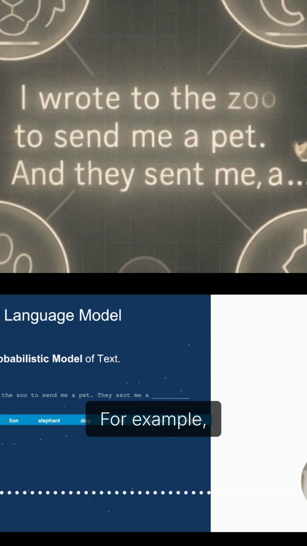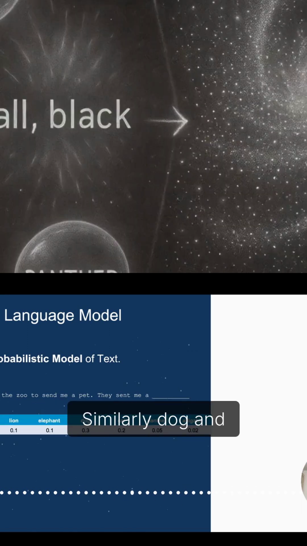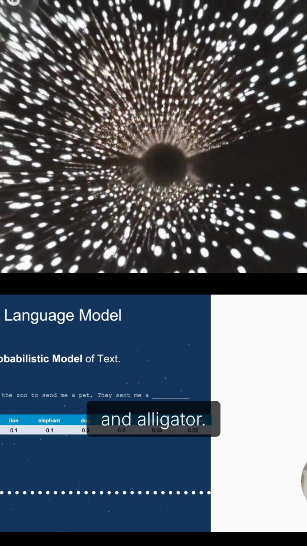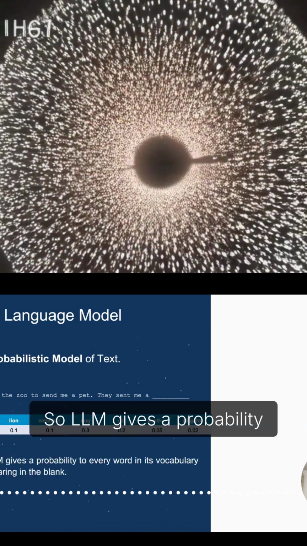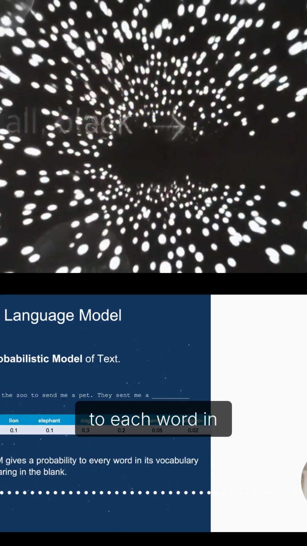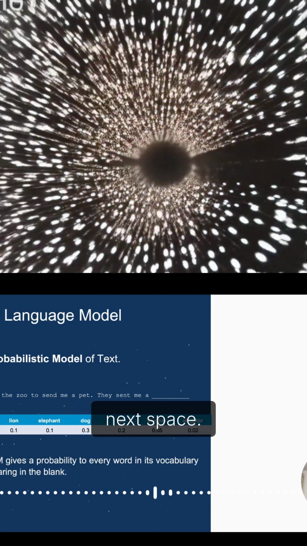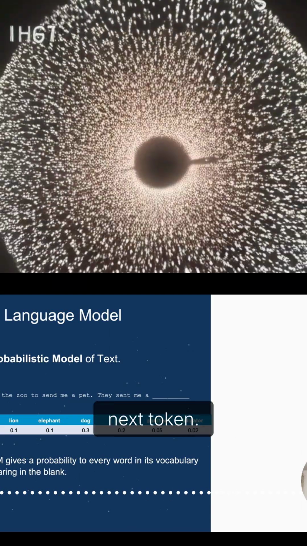For example, lion has a probability of 10%, elephant has a probability of 10%, similarly dog, cat, panther, and alligator. So the LLM gives a probability to each word in its vocabulary of appearing in the next space, that is, the next blank or the next token.